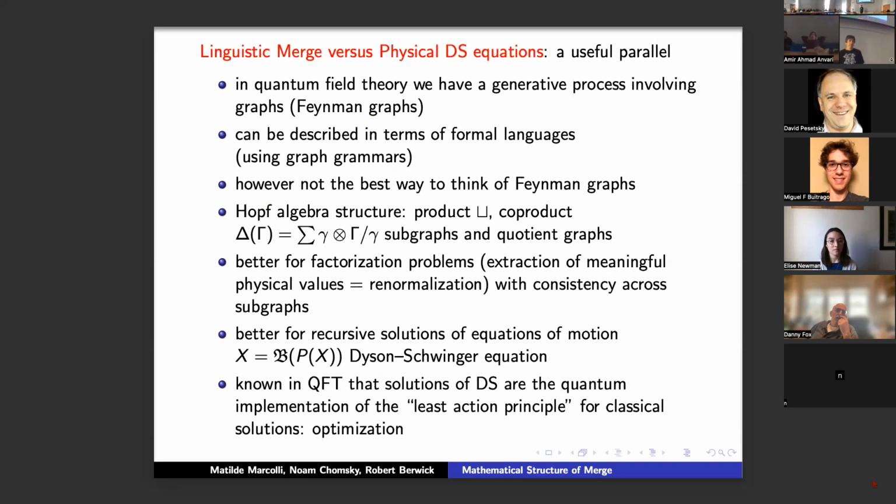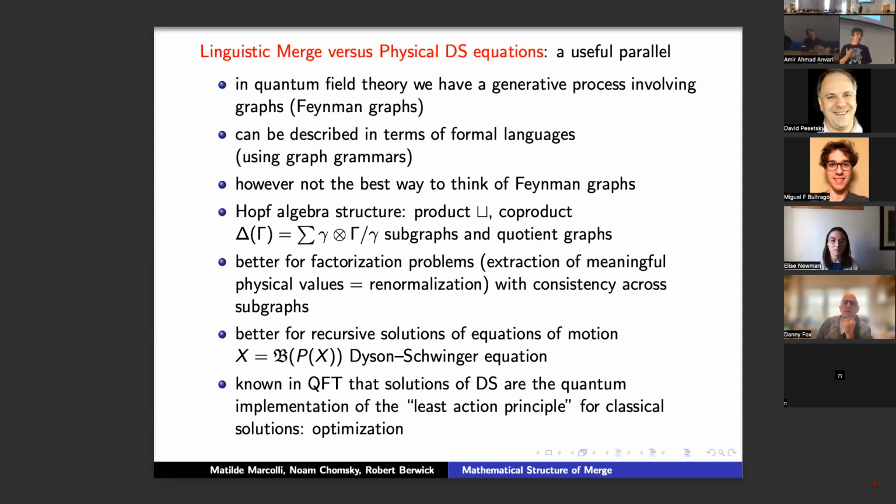So if you want to make a comparison, to flesh out a little bit more what the comparison is: in physics, the combinatorial objects that your generative process produces for you are the Feynman graphs. In linguistics, they are the syntactic objects. And here's an interesting point.